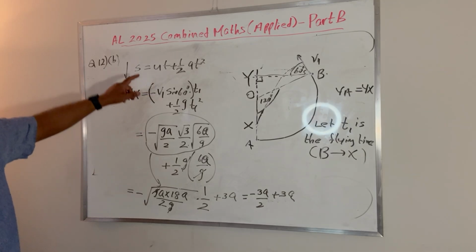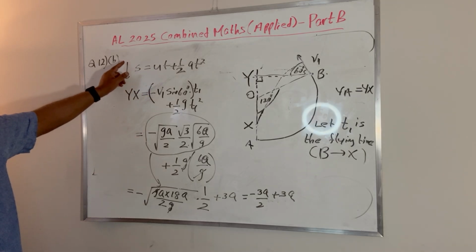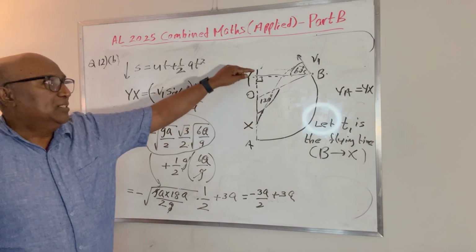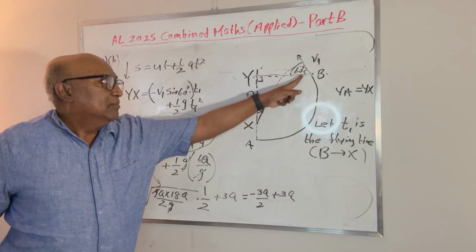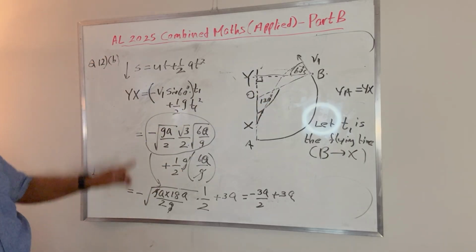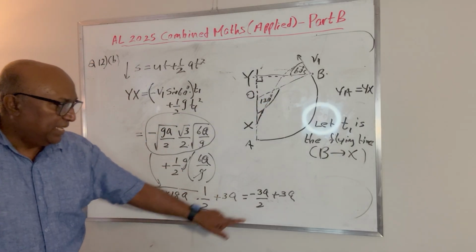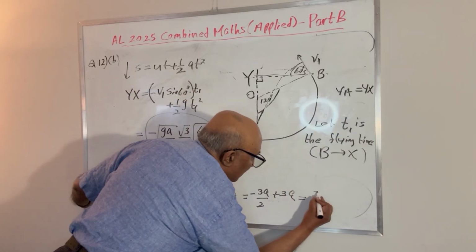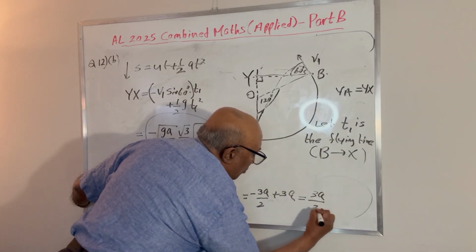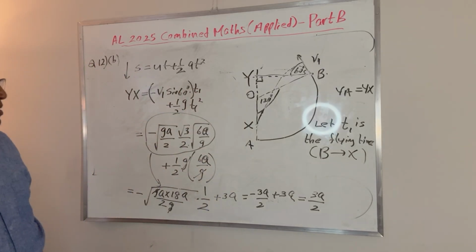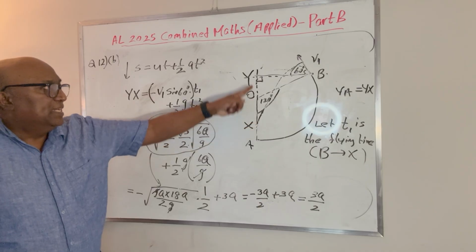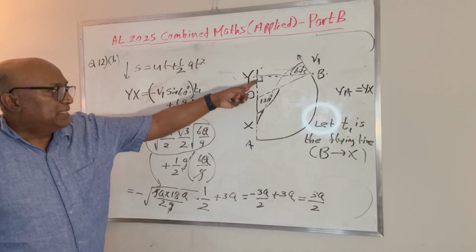Okay, I started by writing this motion equation in downward direction. We are looking for yx, the vertical distance between B and x. Finally, we got this value for yx. This is not the end. When you simplify this, you get 3a by 2. That means the vertical distance between y and x is 3a by 2.